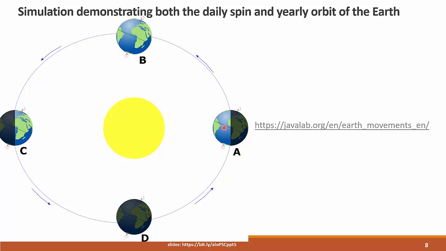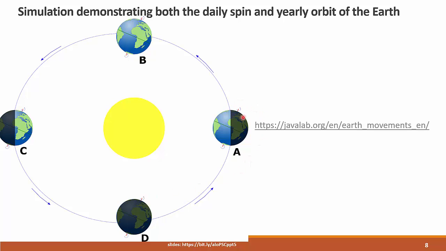For example, the Southern Hemisphere is receiving more light here and experiencing summer. It is receiving the same amount of light here as the Northern Hemisphere, and it is experiencing fall, and here it is receiving less light than the Northern Hemisphere, and it is experiencing winter. It is the fact that the axis is tilted that is determining the seasons.